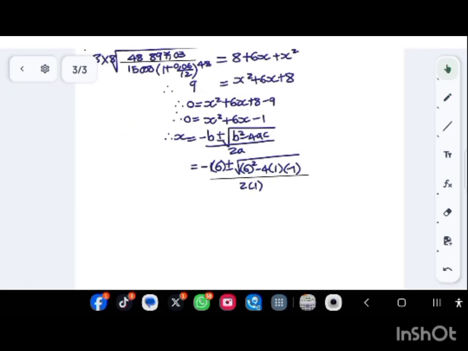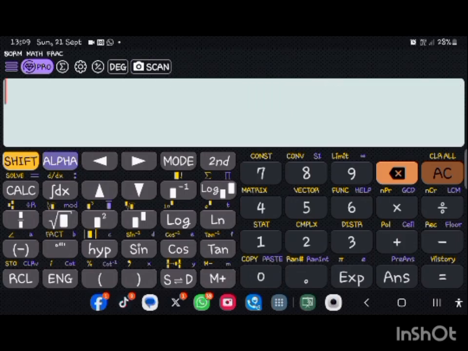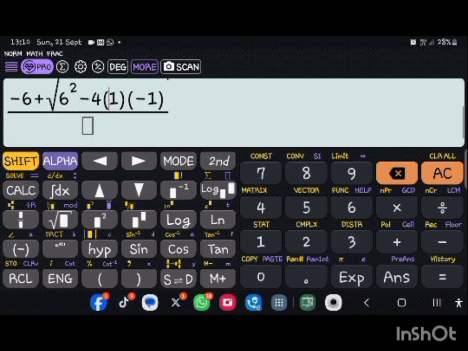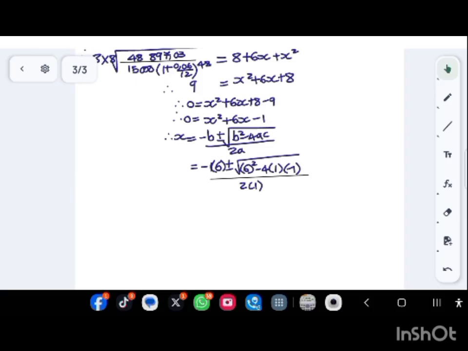Check out a calculator. Let's go. Common fraction button. Negative 6 plus square root of 6 squared minus 4 times 1 times negative 1, downward arrow, 2 times 1. Let's just double check.